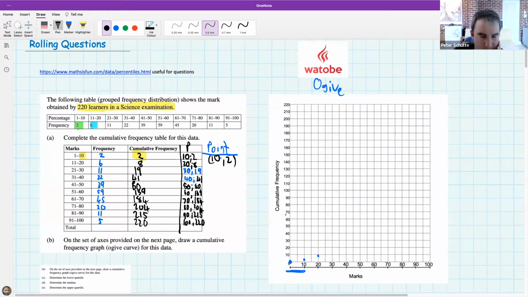To 20. Okay, so we've done those two. 30. So I haven't plotted my whole ogive yet, but you can see the pattern that I'm using. I'm ticking off my points, and I've plotted 4 points, and then I have my bonus point at the beginning.